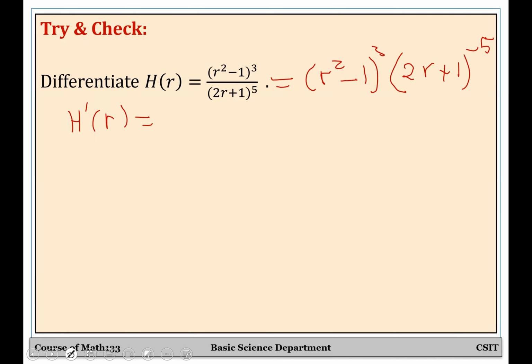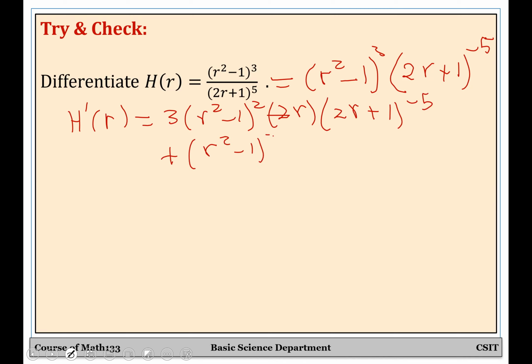It will give 3(r squared minus 1) power 2 times 2r times the second function without derivative, then plus (r squared minus 1) cubed times minus 5 times (2r plus 1) power minus 6, because minus 5 minus 1 will give minus 6, times 2, the derivative, like u prime.